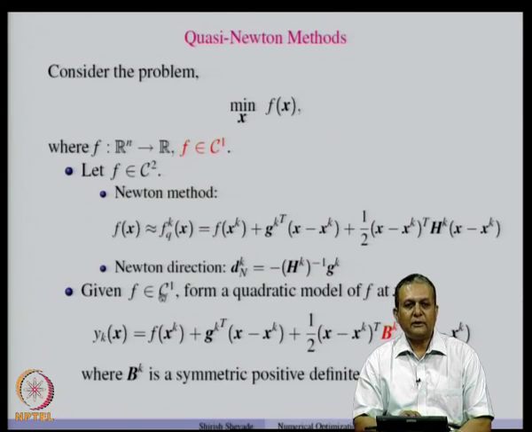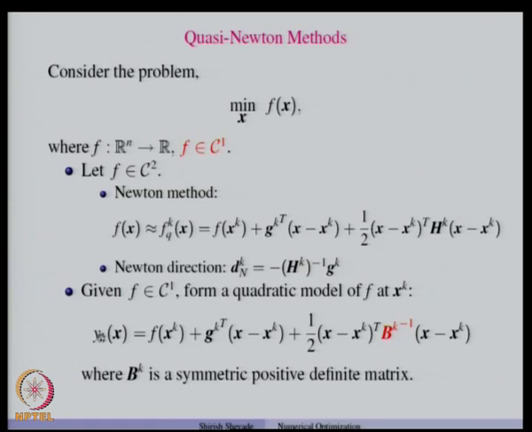Now, given f which is continuously differentiable, suppose we form a quadratic model of f at xk, denoted by qk(x), where k stands for the quadratic approximation of f at xk.